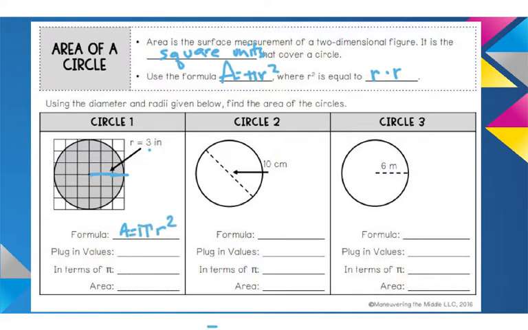So we don't have the area. We have pi, remember what we have to represent pi, and that's 3.14. And the radius is again 3, so 3 squared, which is 9. Now, it tells us to write it in terms of pi. That just means leave pi as a symbol and not turn it into 3.14.